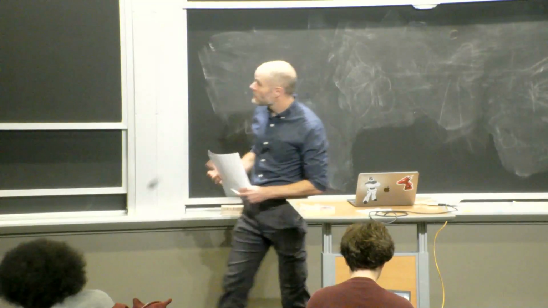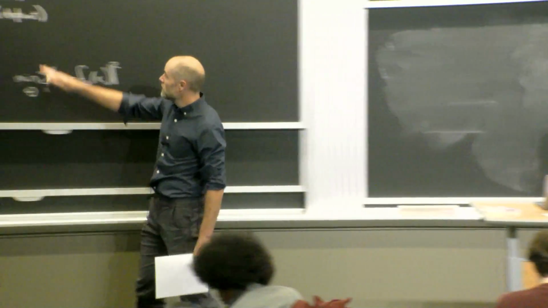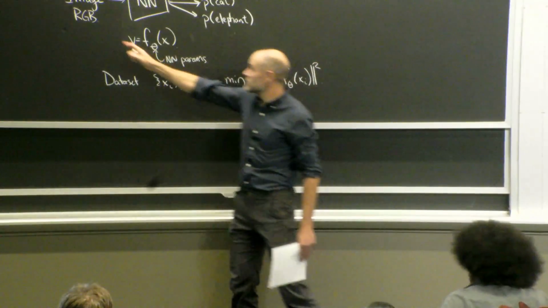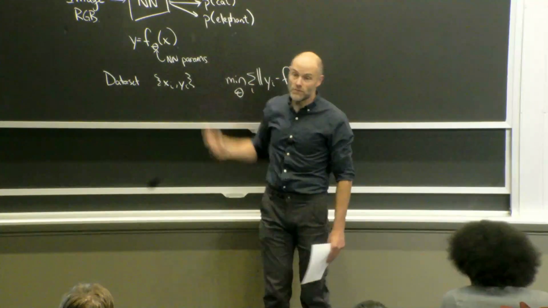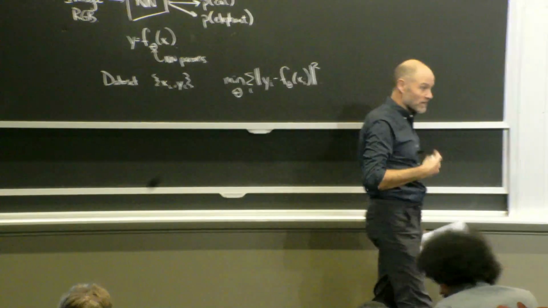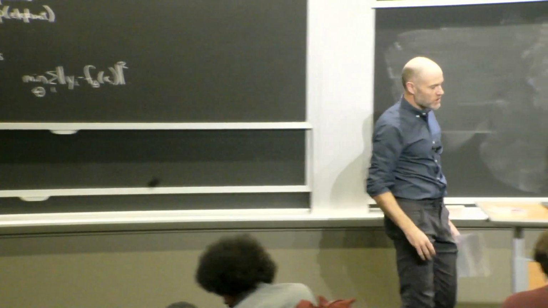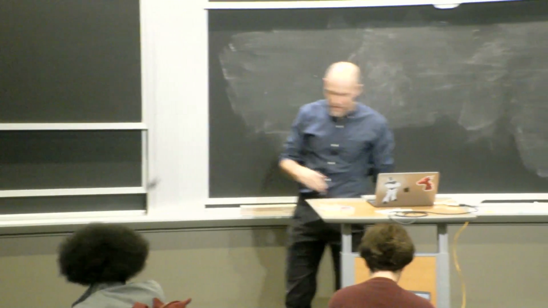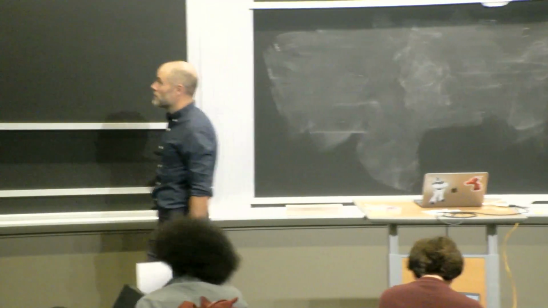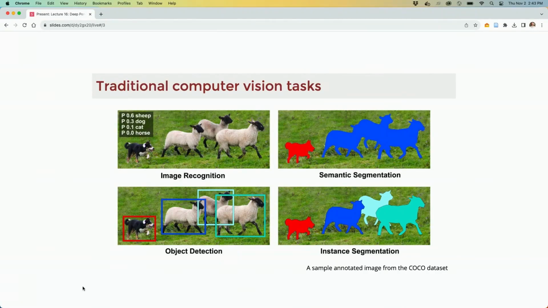So ImageNet was extremely good for object classification. You just say, I've got an image, what should I label that as, a dog image or a cat image?